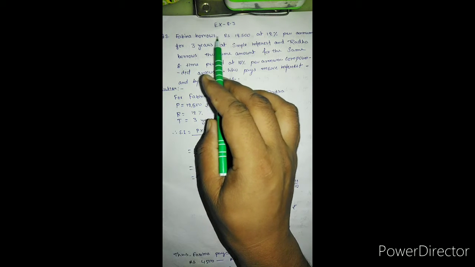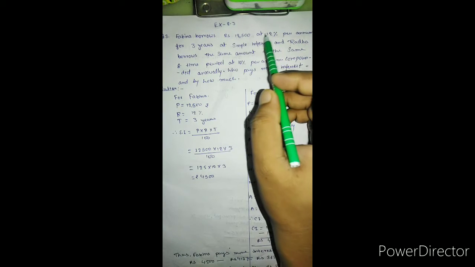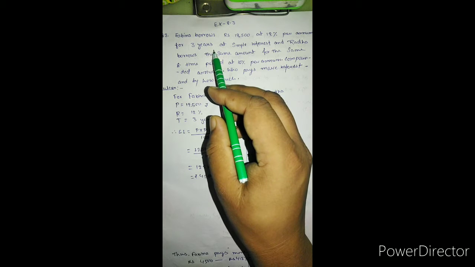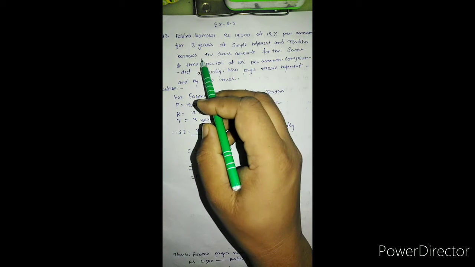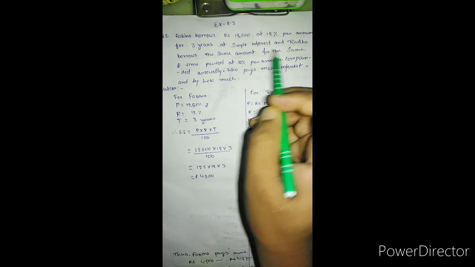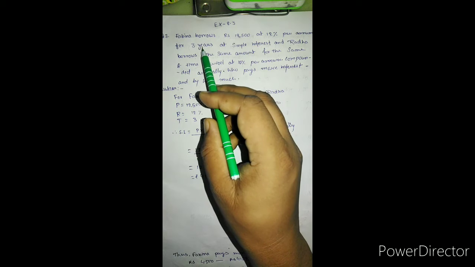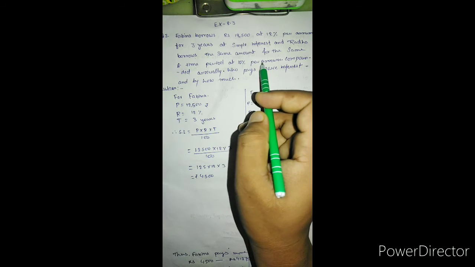Favina borrows rupees 12,500 at 12% per annum for 3 years at simple interest, and Radha borrows the same amount, 12,500, for the same time, 3 years, at 10% per annum.